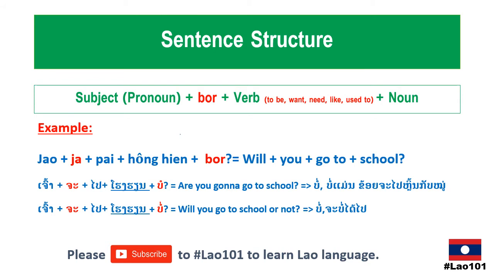Let's look at the sentence structure for saying no. When you say no, there is the pronoun, the word bo, and then the verb. This could be the verb to be, want, need, like, used to, and then ending with the noun.